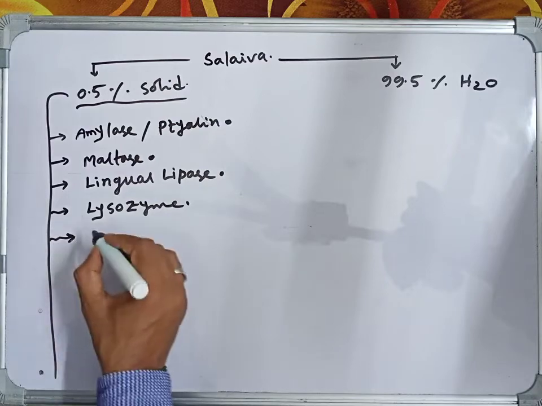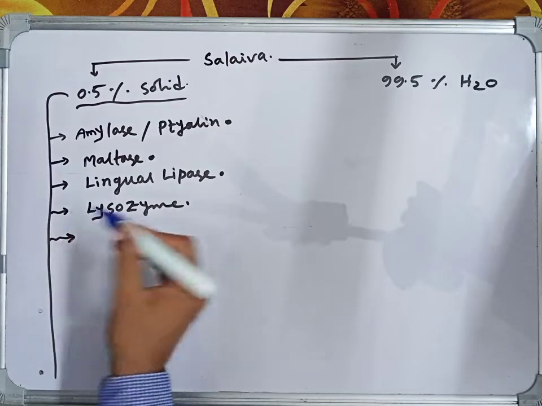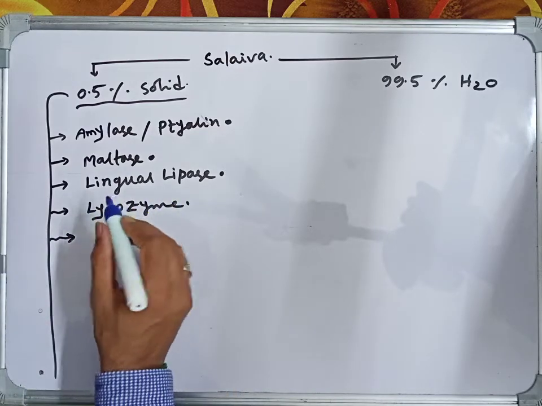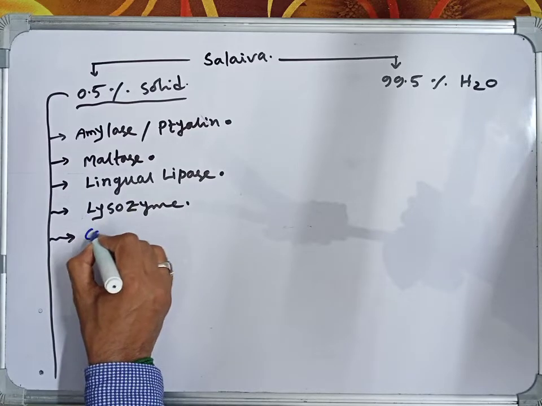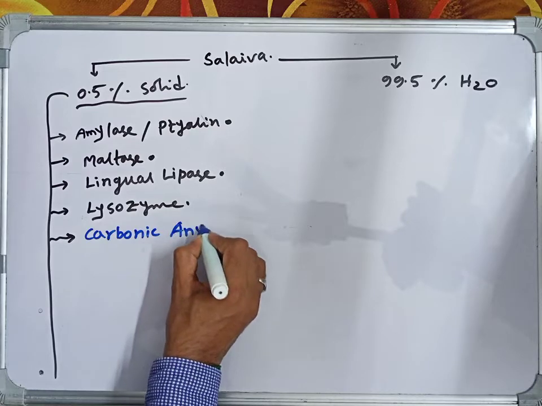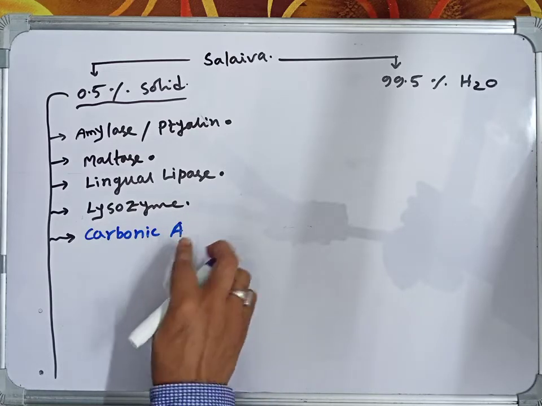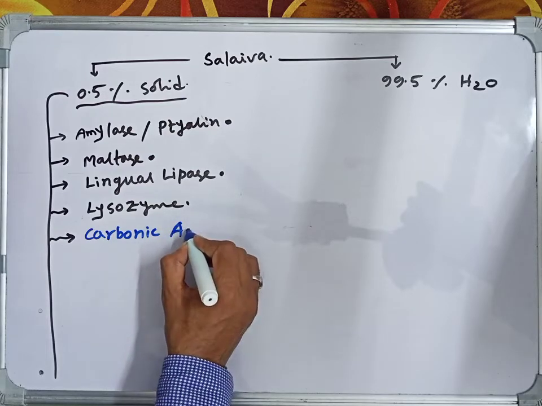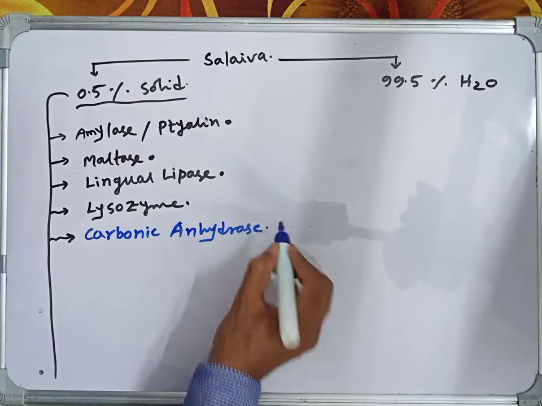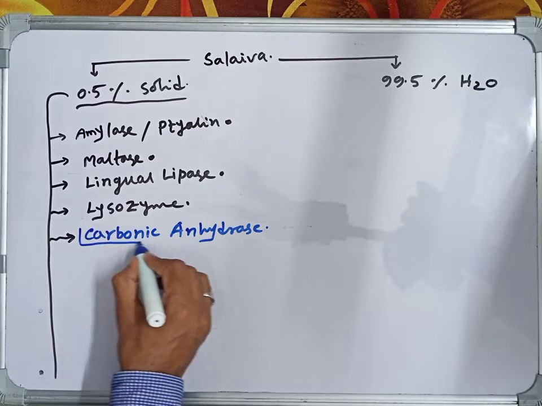Next, another enzyme is present in saliva, also in negligible amount, and it is called carbonic anhydrase. It is a very important master enzyme, and again there is an MCQ around this carbonic anhydrase.